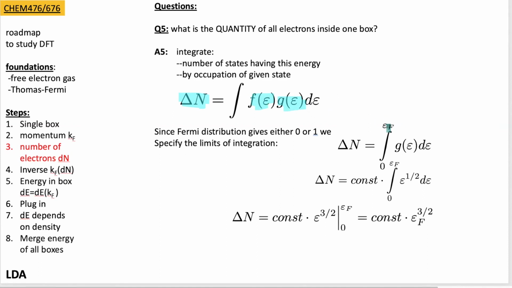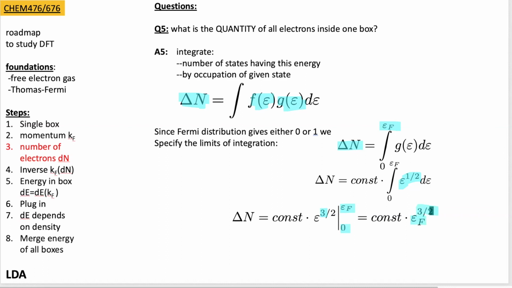I remove the Fermi distribution and just perform integration until a certain limit, right? So I integrate this density of states, which is energy to the power 1/2, from 0 to the Fermi energy. Integration lifts up the power by 1, so to 3/2, and we evaluate it at the lower and upper limits. At 0 it will be 0, at the upper limit Fermi energy to the power 3/2.